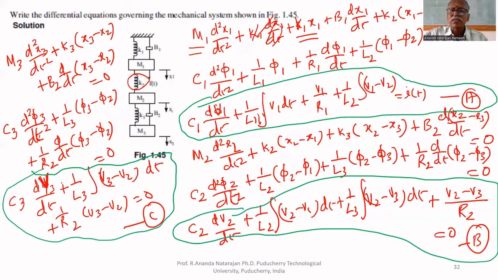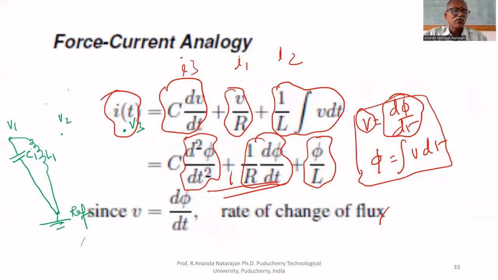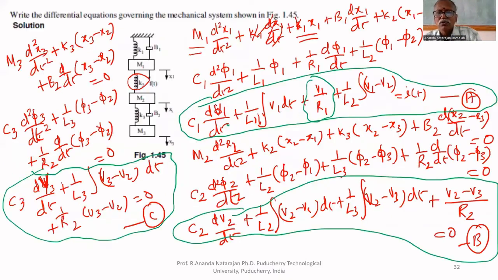Again, go to that equation. V1 by R1, V1 upon R1. For this resistor, the only applied voltage is V1. Therefore, again, take here one resistor R1. Then go to this term: 1 by L2, voltage across V1 and V2.